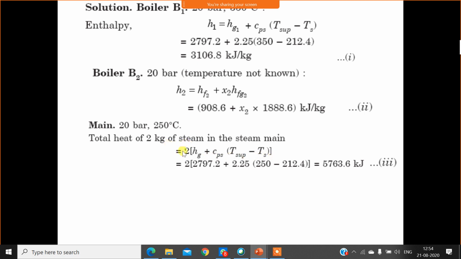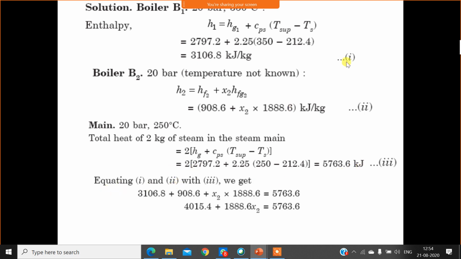We are multiplying by 2 because 2 kg is given; this formula corresponds to per kg. Hg at 20 bar is the same value, 2797.2, plus Cp, which is given as 2.25, times the superheated temperature 250 degrees Celsius minus the saturation temperature at 20 bar, 212.4, which equals 5736.6 kilojoule.